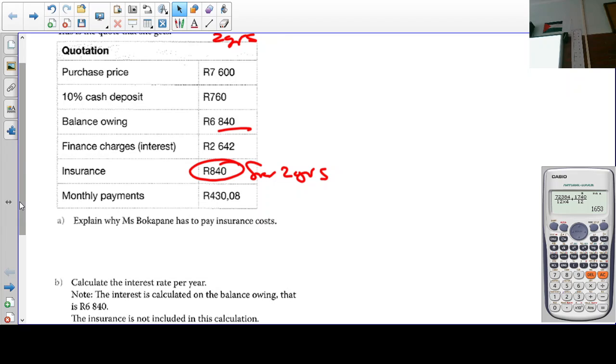Because if there's a fire, if the house burns down, she can claim from insurance. The insurance will cover the machine itself. Otherwise, if theft, someone broke into a house and stole the machine. You could also take insurance against your job itself.